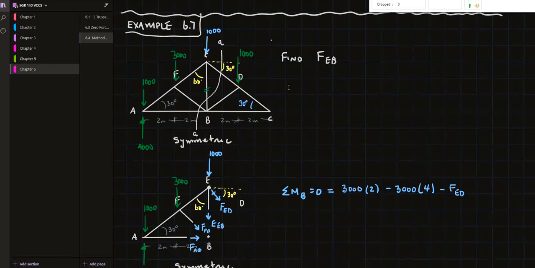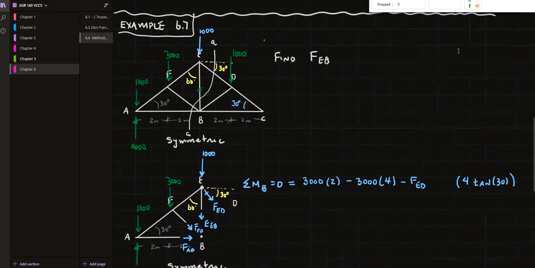But opposite is what I'm interested in over adjacent equals tangent of 30. So 4 times tangent of 30 should equal that then. So 4 tangent of 30 is the moment arm.